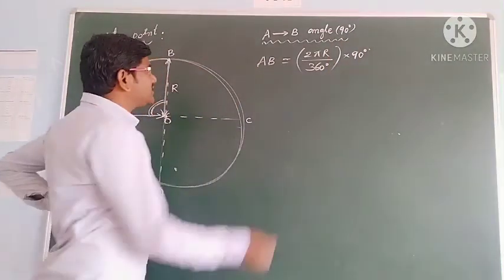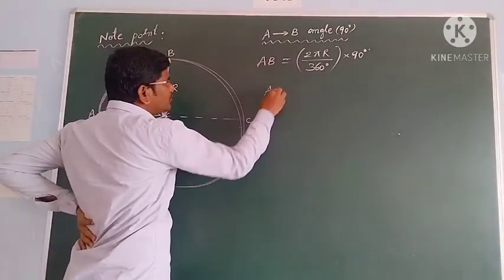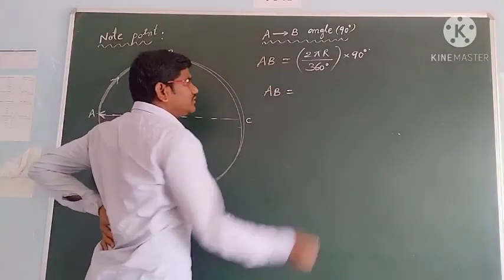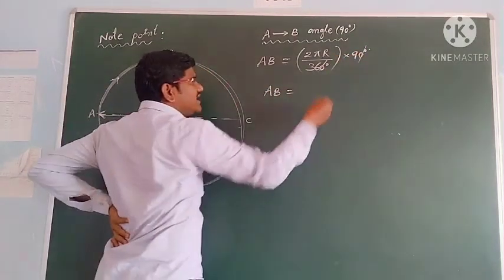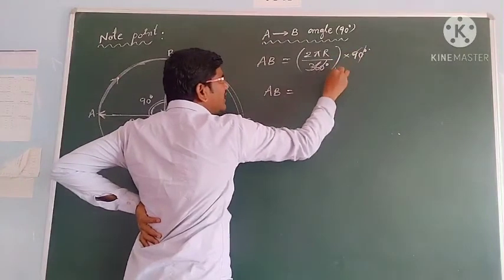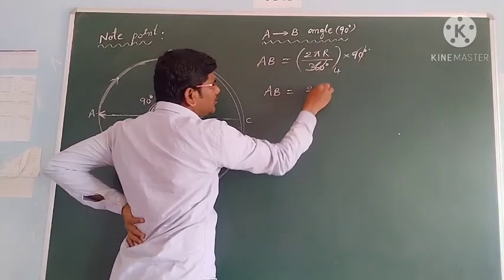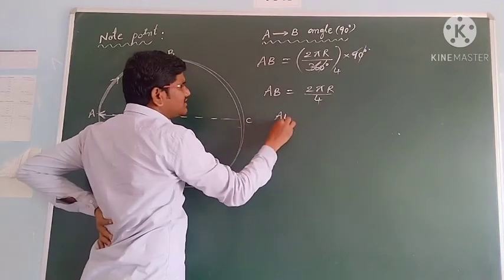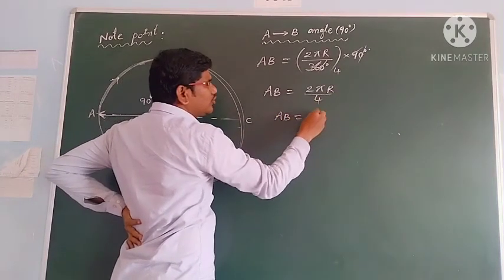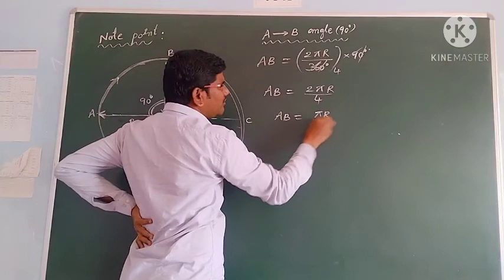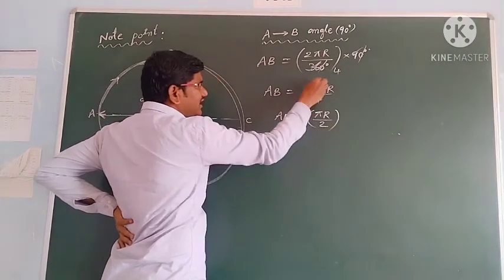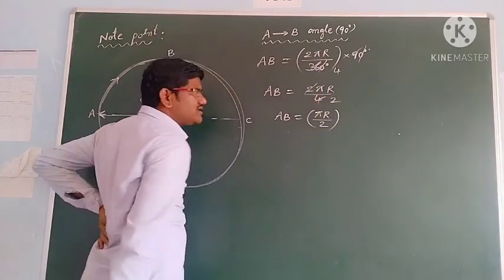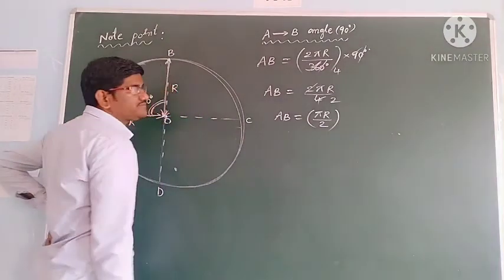Okay students, then AB is equal to, so the 0 0 gets cancelled, 9 4s are 36, so you are getting 2 pi r by 4. So the distance is equal to 2 pi r by 4, that is pi r by 2. Again with 2 it gets cancelled, so pi r by 2 is the distance.